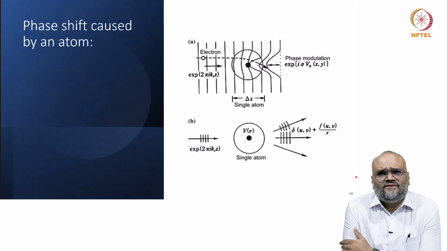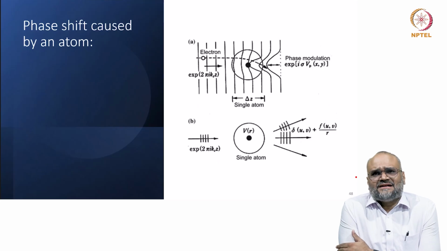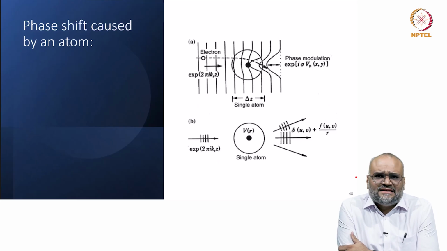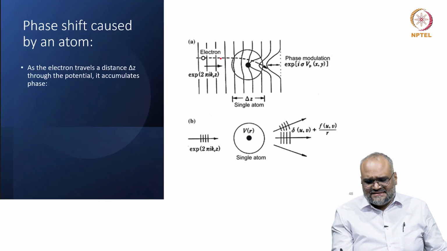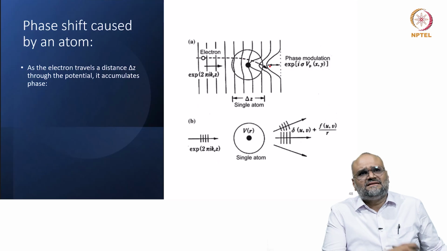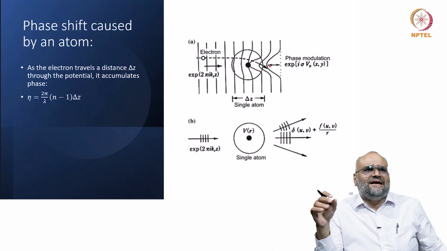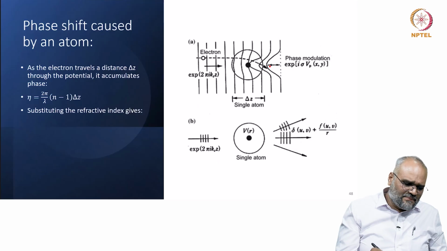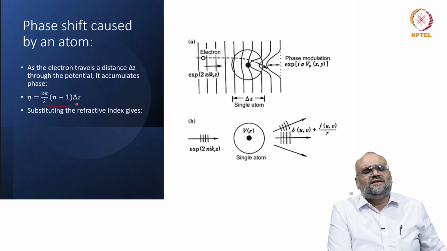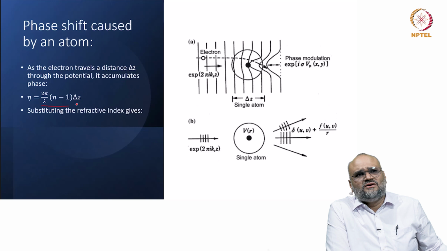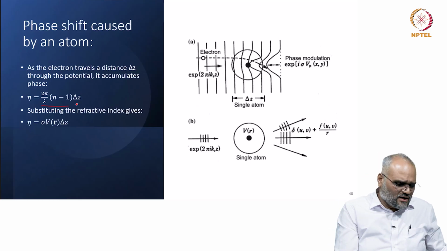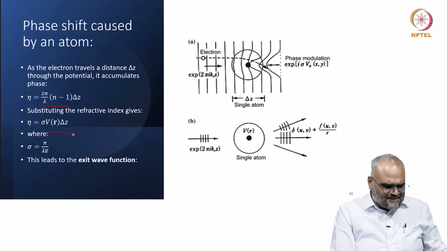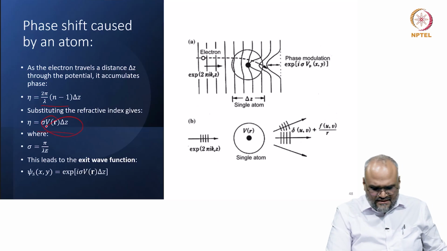If you think of an isolated atom, the atom has an inherent potential associated with it. So, as the electron wave travels across the distance of the atom, it accumulates a certain phase, and if you compare it with the refractive index for light, you can substitute the refractive index with the phase shift caused by an isolated atom, and what you then get is called the projected potential.